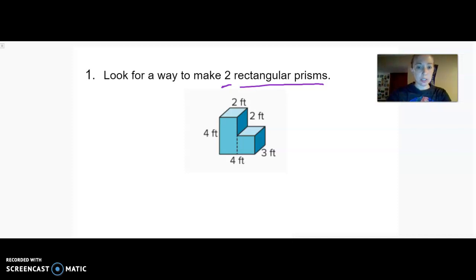So I can split it up. I can say, okay, here is one, and then here is one. So we're going to imagine them splitting apart. As always, if you want to build these, practice taking them apart and actually hold them in your hands, that is fine.